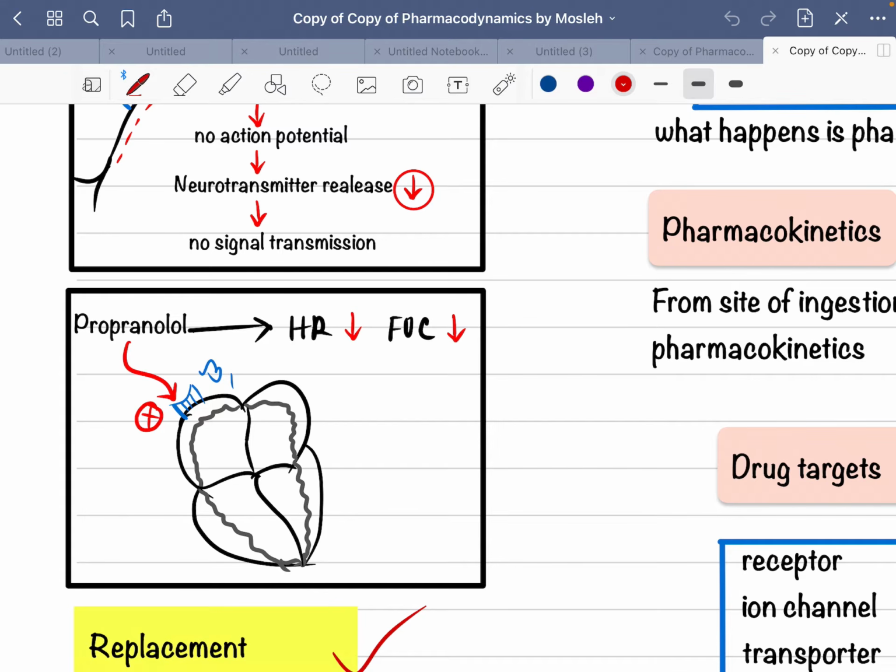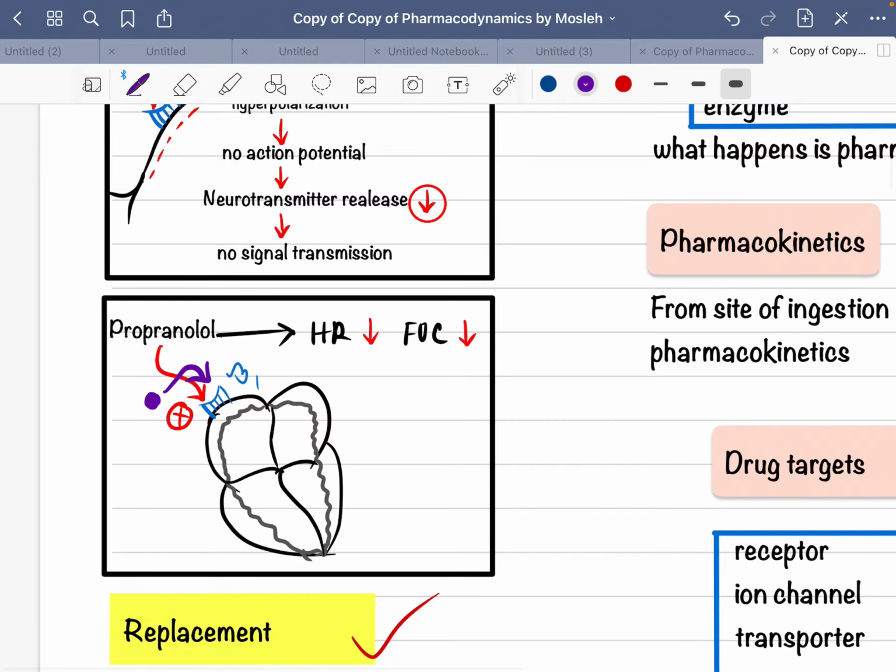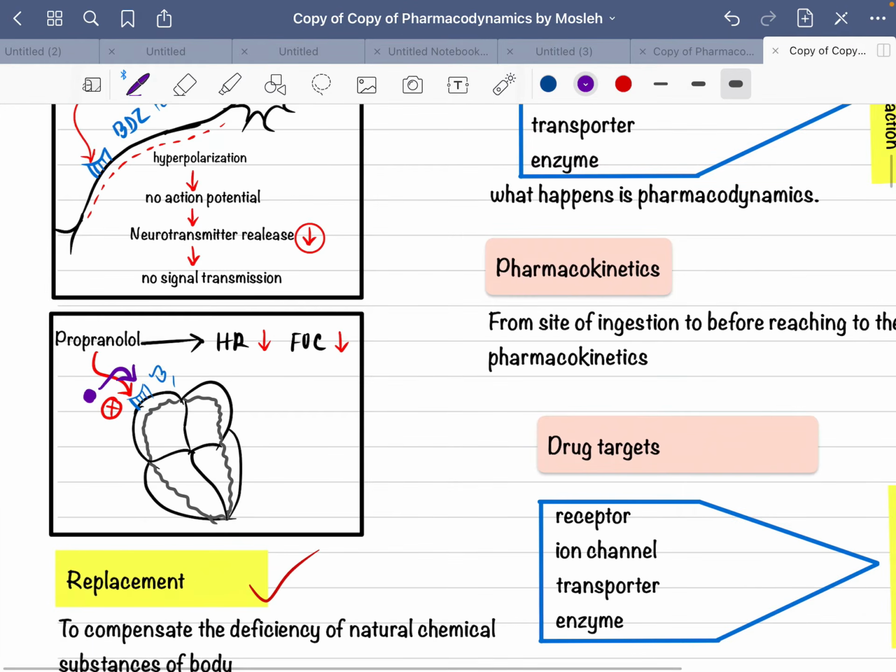Okay, so suppose adrenaline comes here, but this adrenaline cannot bind with the beta 1 receptor. Why? Because propranolol has already blocked the beta 1 receptor. The propranolol blocks the site of adrenaline, so adrenaline cannot do its function. Okay, that's why the heart rate and force of contraction will be decreased.